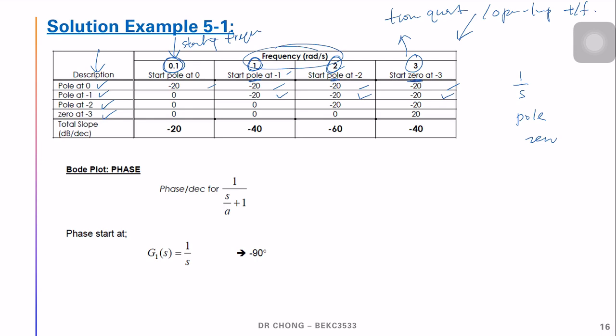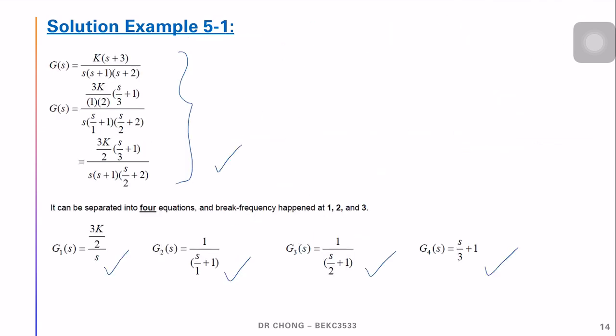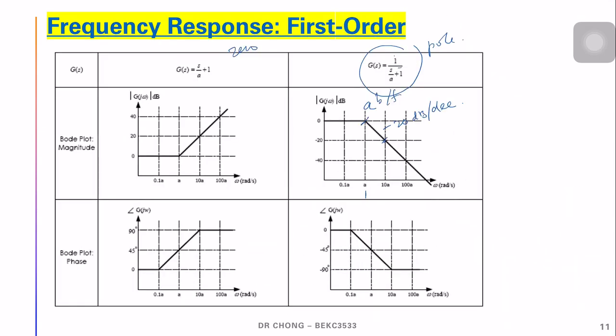So same as the negative 2, same model, which is a pole that happens at negative 2. Okay, so from negative 2 decrease this slope, not before it. Then this one is 0, so 0 is this model.